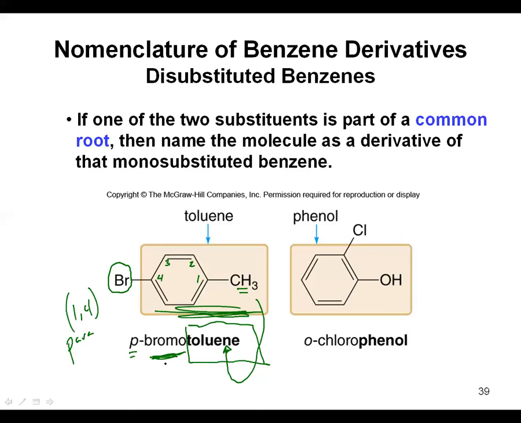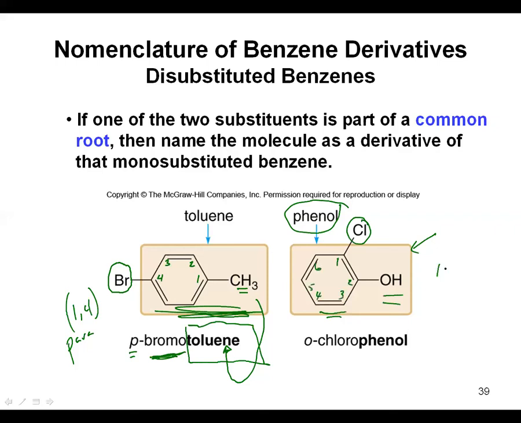So even though we are kind of still naming it as there's two groups, and there technically is two groups attached, because that historical name toluene means that there's a methyl group, you don't additionally have to put the methyl group name in it. Same thing if we go to the right here, we hit one of those historical groups there on the benzene ring with the OH. That is our phenol. And again, we have a chlorine attached. And that is a 1,2 positioning, right? 1, 2, 3, 4, 5, and 6.